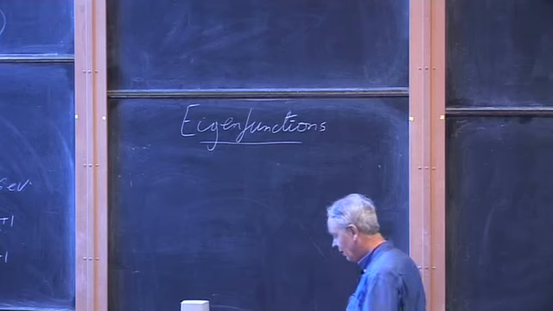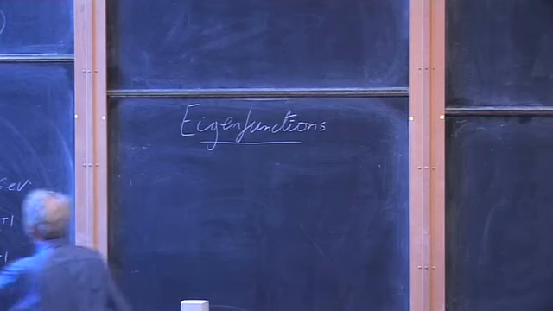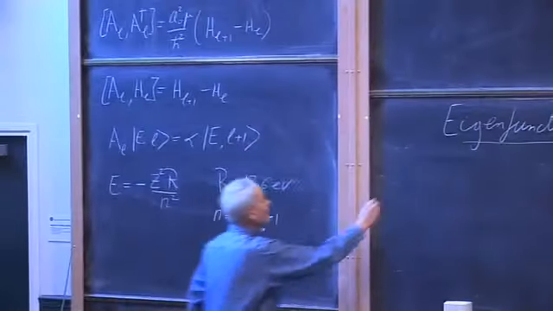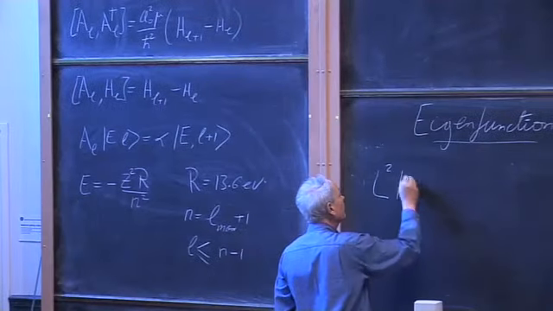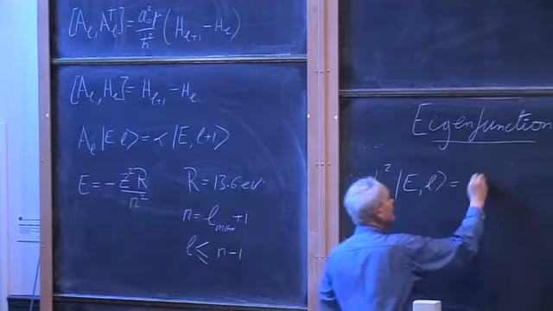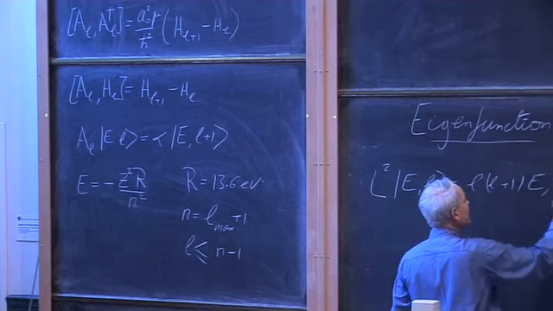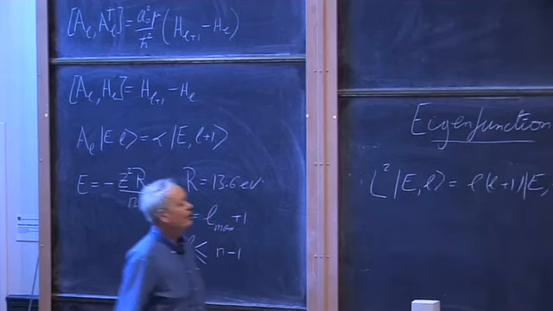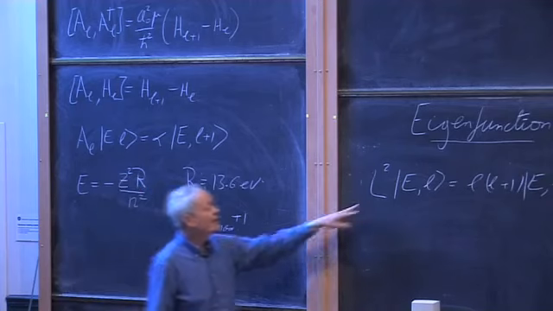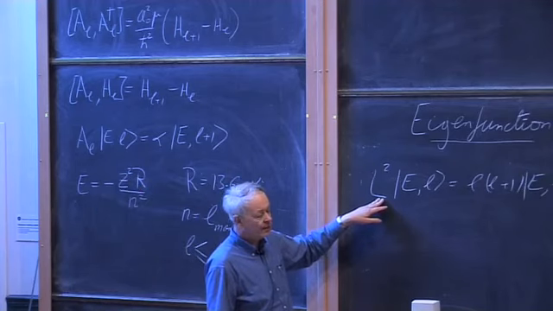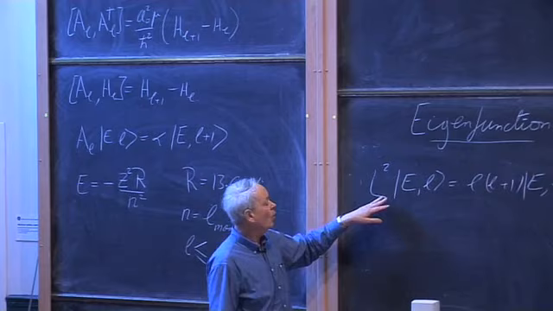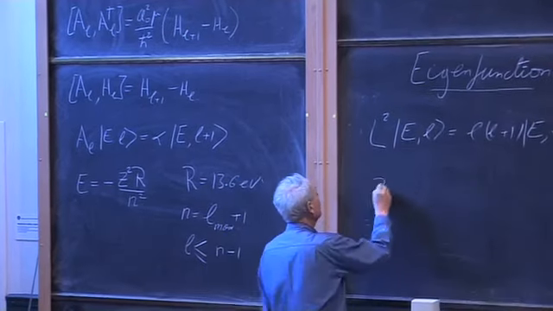Okay, so we want to find what they are. Now, from the fact that L squared on E_L is equal to L(L+1) E_L, from the fact that this state of well-defined energy, the stationary state, is an eigenfunction of the total angular momentum operator, we know all about the angular dependence of the wave function.